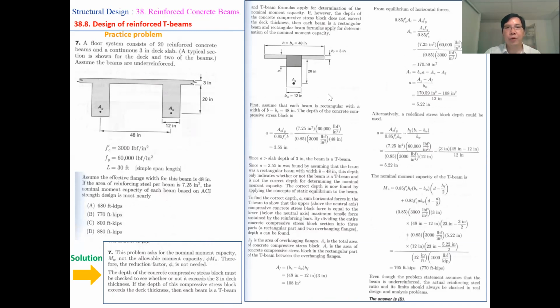So firstly, you can calculate the depth of the concrete compressive stress block a by this equation. You can find a equal to 3.55 inch. And after you can follow some equations to calculate A_R and A_F.